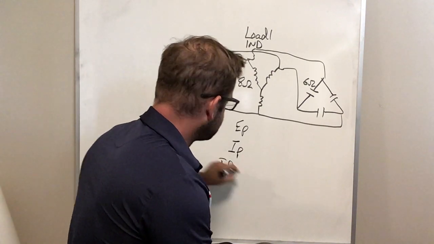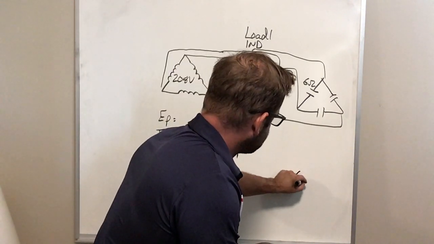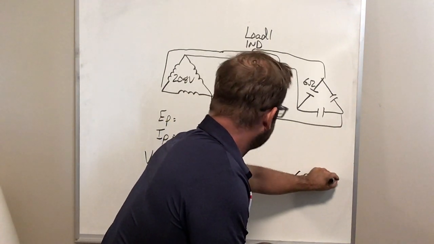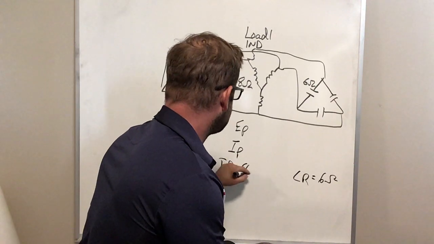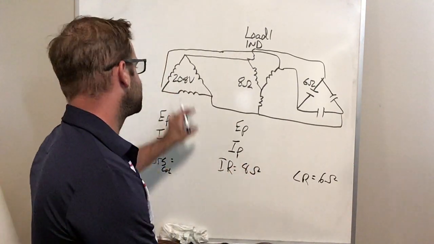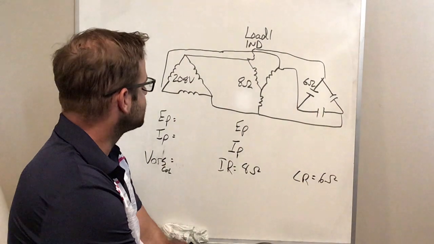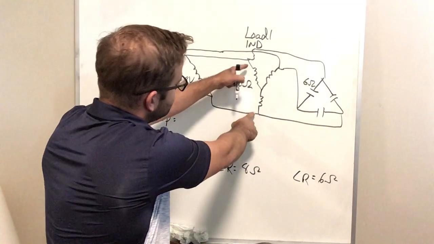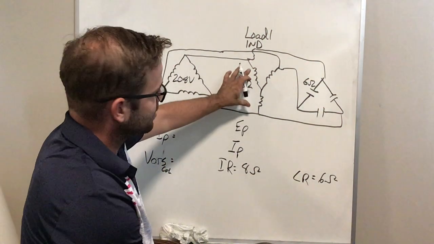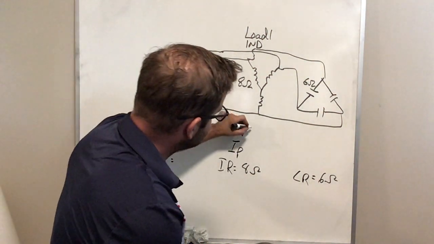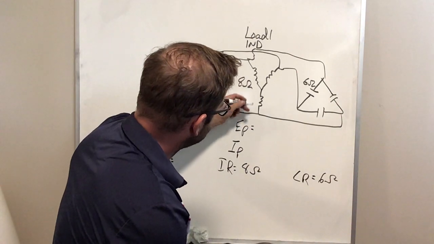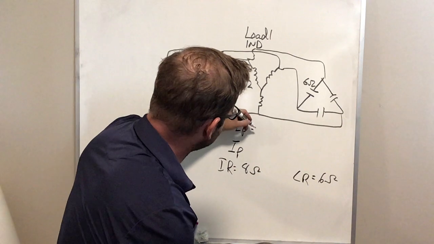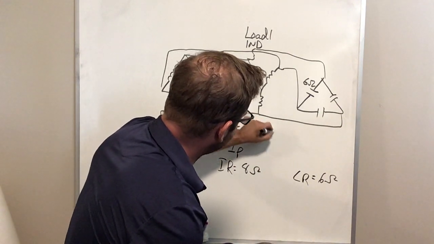So inductive reactance, and we're going to have capacitive reactance over here, which is going to be 6 ohms. This one's 8 ohms. Because we have 208 volts in our delta, when we go to look at that value in Y, we know that there's 2 loads seeing the 208 volts, so it makes it root 3 smaller. So we know that we have a phase voltage in our Y connected inductive load of 120 volts.